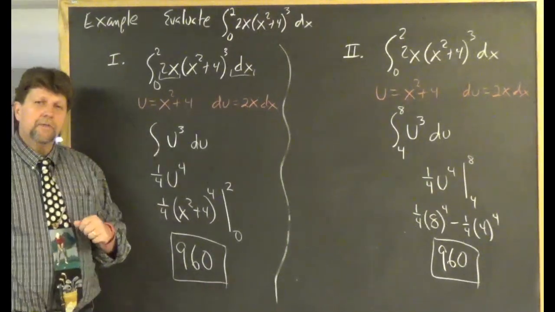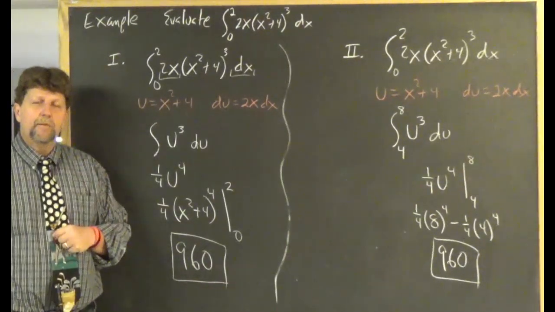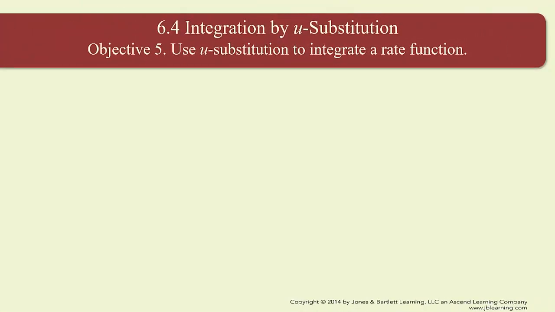Okay, so that's it for this one. Let's head back to the slides and see what we have left in this section. All right, now that you've seen how to evaluate a definite integral that involves a u substitution, and there are two ways to do it, let's conclude the section by looking at integrating a rate function that requires a u substitution.